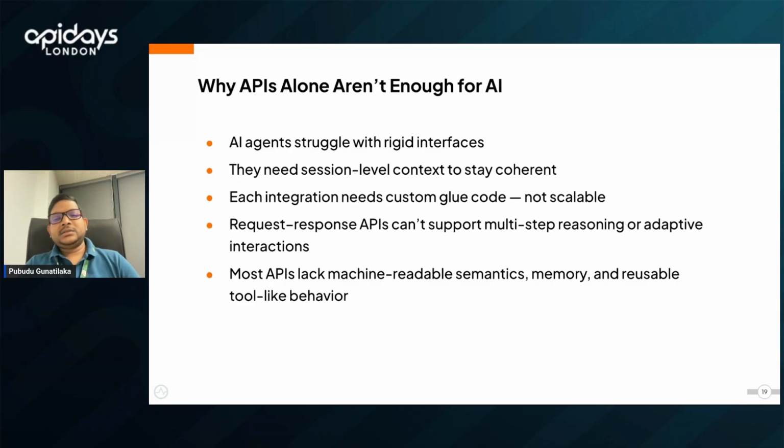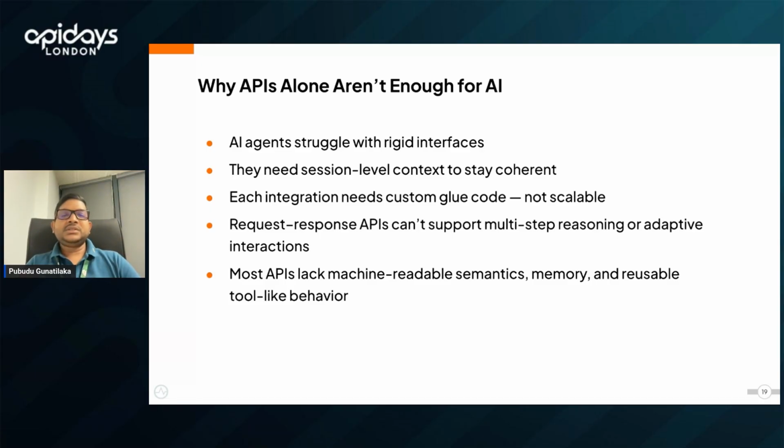AI also needs to understand session-level information, because APIs are more like stateless transactions. Now AI is coming into the picture, it needs to understand some history or some context as well.